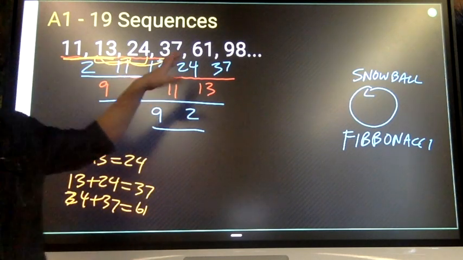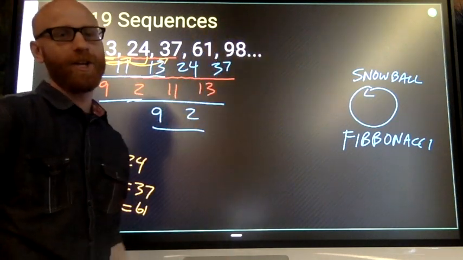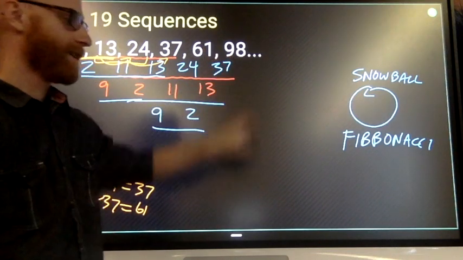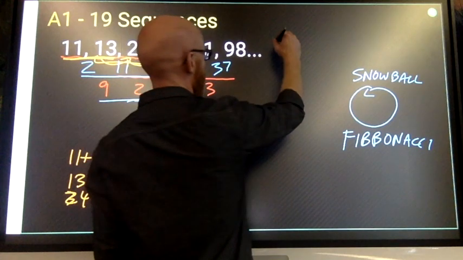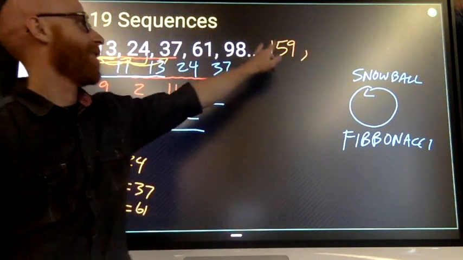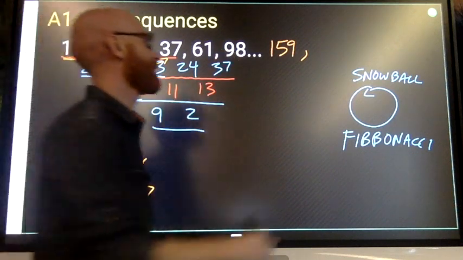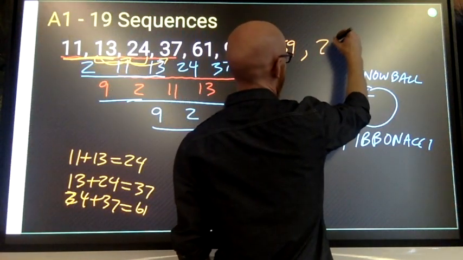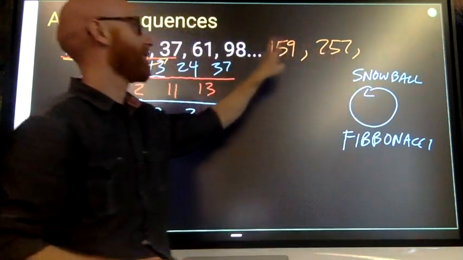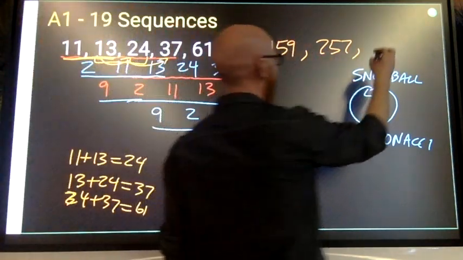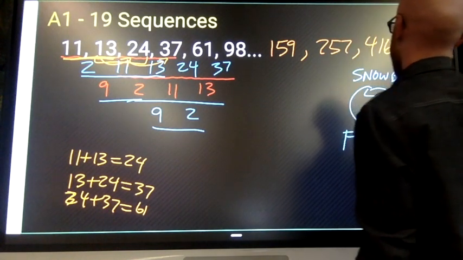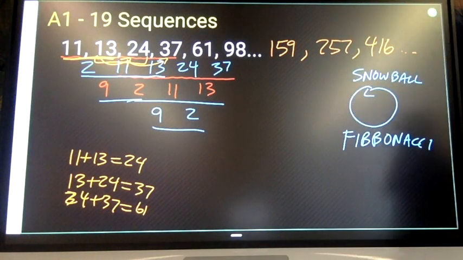So basically the way to get a new term is to add the two terms that come before it. So 98 plus 61 would be 159. And then 159 plus 98 would be 257. And then 257 plus 159 would be 416, and so on. All right, so that's how that's built.